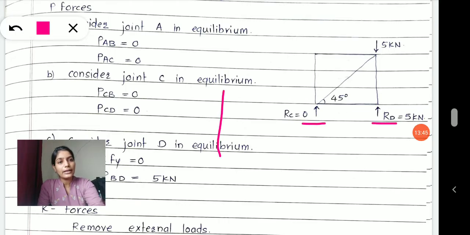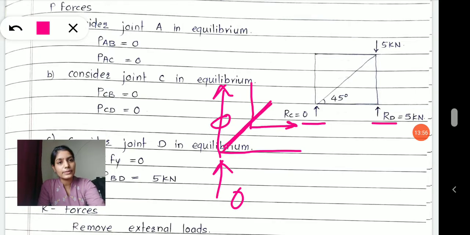And when I take joint C separately, here 0 force is acting. Now the force in this member is also 0. So what remains is these forces. The inclined force has to be resolved into two directions. This is my 45-degree angle.